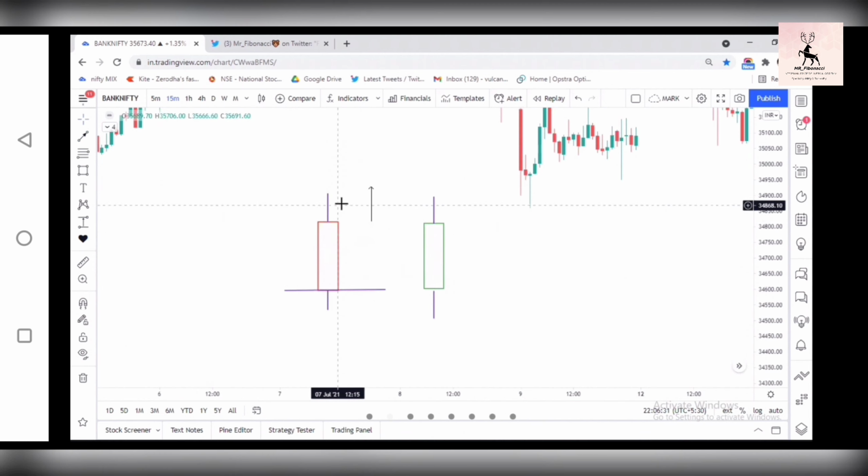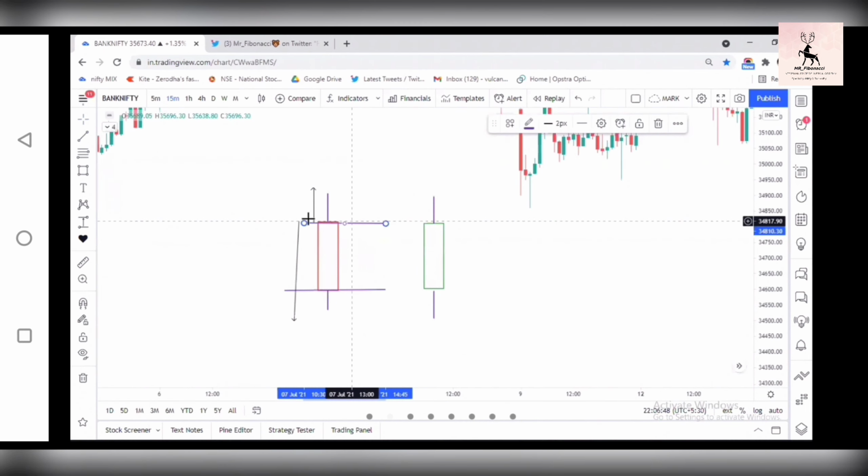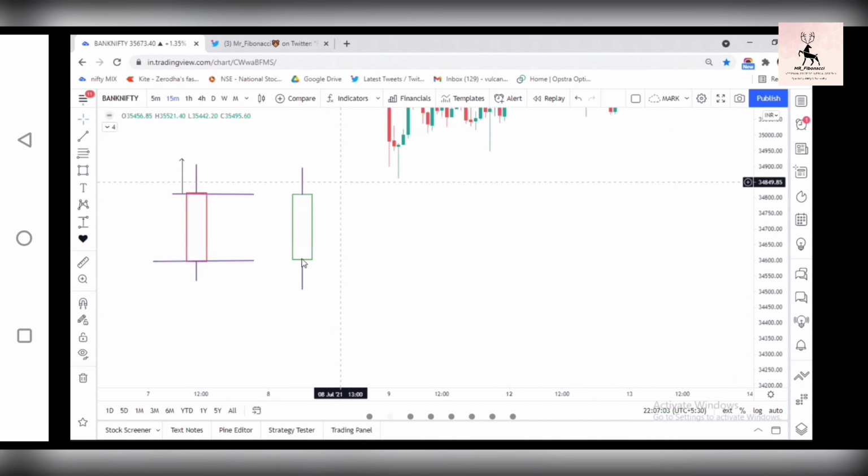The first candle opens and goes above, takes some liquidity and reverses. This is the characteristic of a red candle: it always opens above, takes the above-side liquidity and reverses, and then closes a little below. So this is the red candle characteristic.